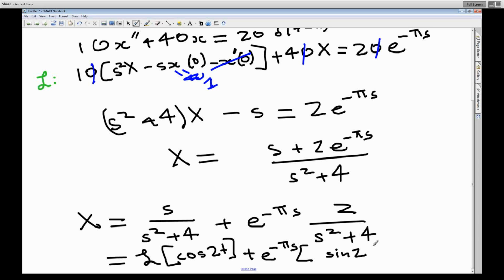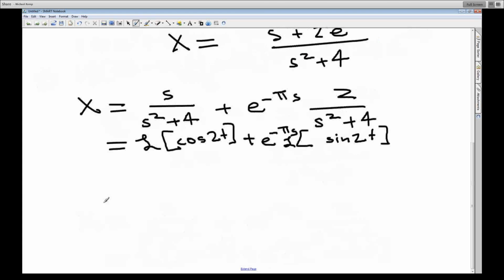There's a 2 on the top. Yeah. So because there's a 2, that already takes into account. So that's fine.